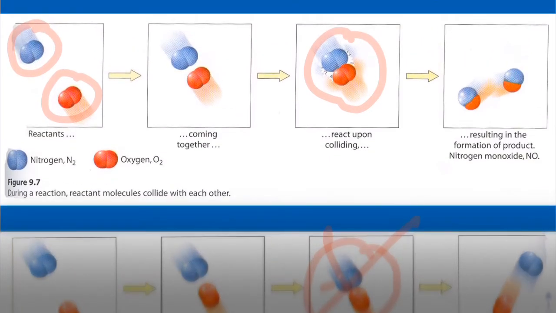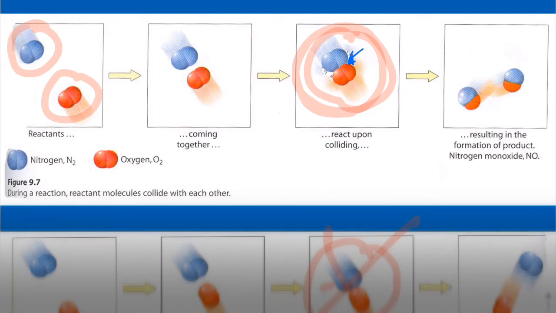Now, in addition to getting this perfect collision with the proper orientation, they also have to hit with enough energy to actually break the bonds. When we're looking at our molecules, we know from thermodynamics that some atoms are really stable and some are not. If something is not very stable at all, this collision doesn't need a lot of force.